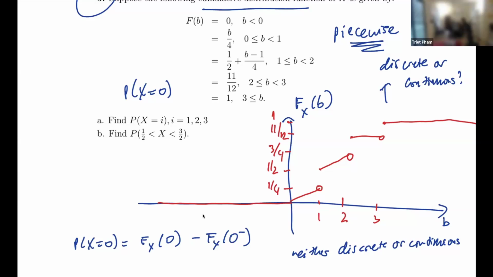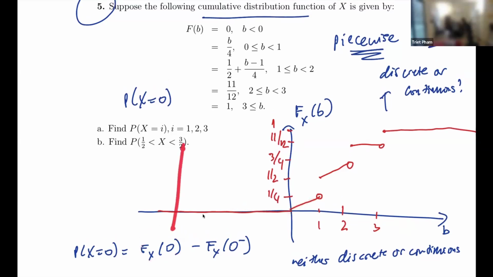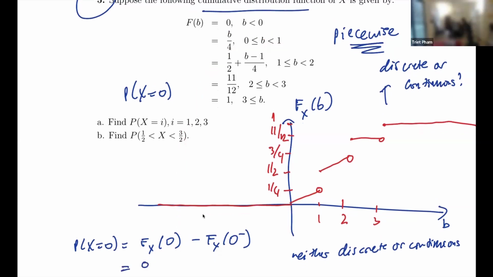If we look at the graph, the graph is continuous here. So F of x at 0, from here, is 0. And the left limit, from here, is 0. So 0 is not a point mass.